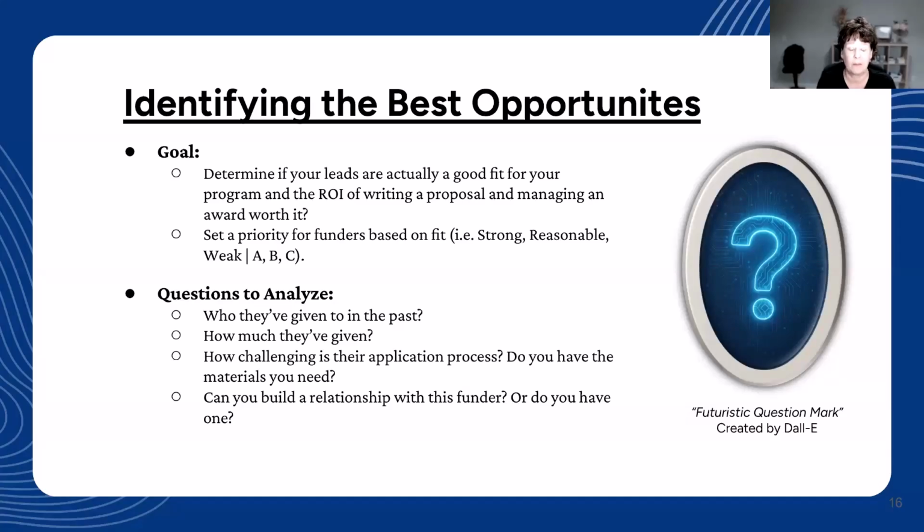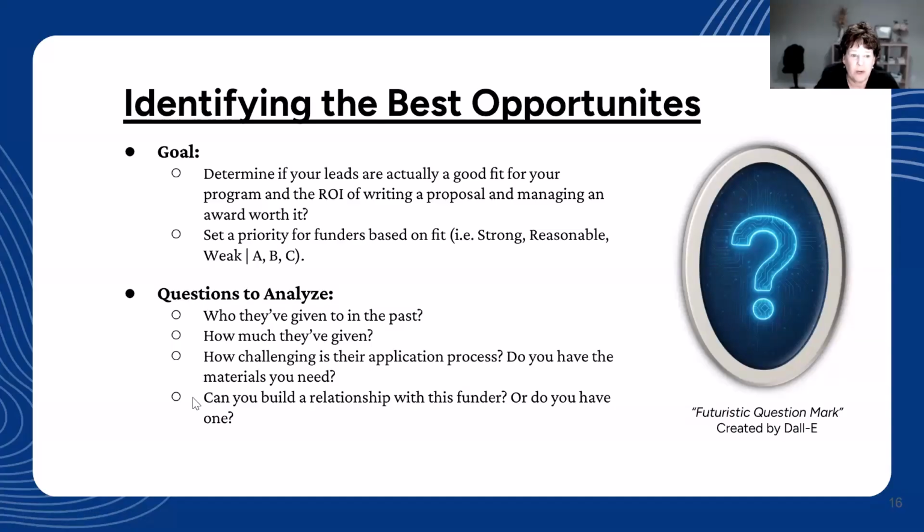Looking and really analyzing how much they've given, looking at their giving trends. Are they giving more? Are they giving less? What's their average grant? What's their grant range? Those sorts of things, because you're also wanting to decide at this point, if you need $1.6 million, probably a funder who only gives out $2,000 is not a funder that you're going to put on your list, because they're just not giving at the range that you need.